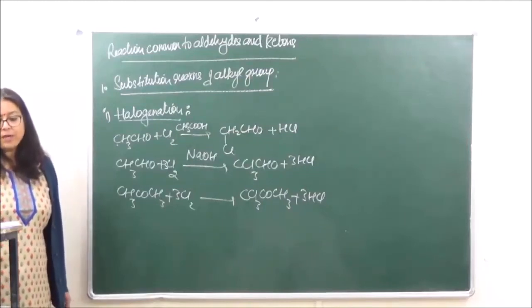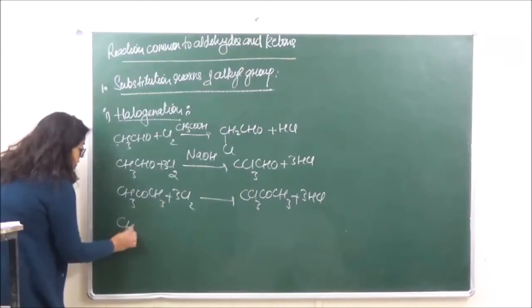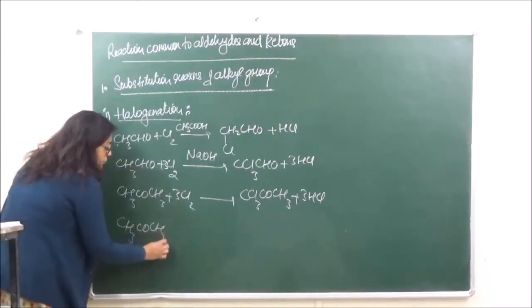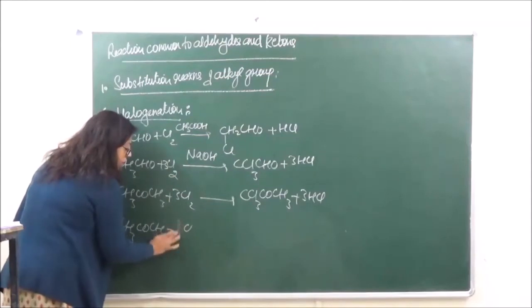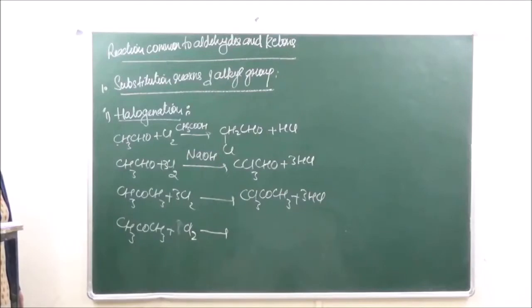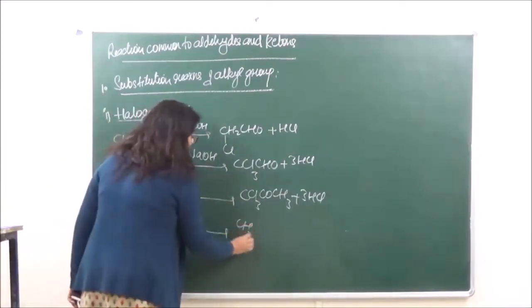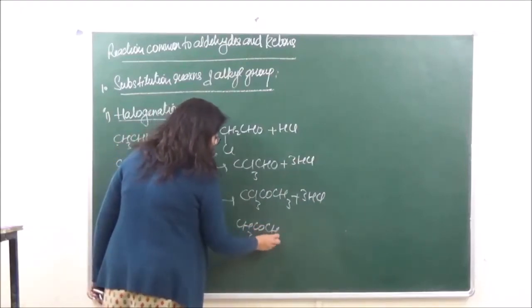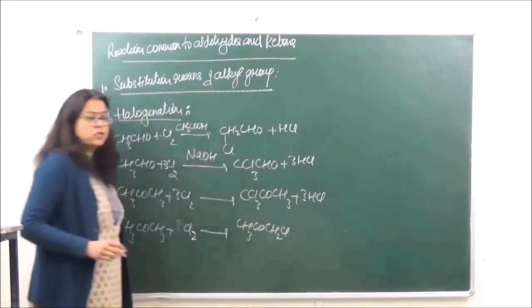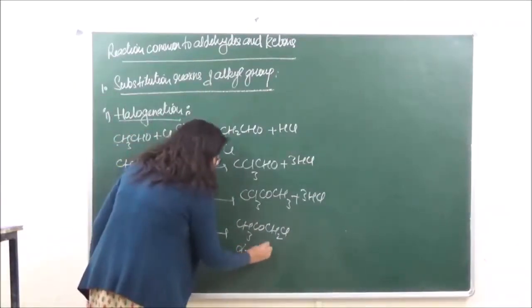Okay? Now if over here we are taking acetone and we are taking not excess of chlorine, only chlorine, in this case it will be seen that we are going to get two types of products. We are going to get a mixture of two products over here. One in which one of the hydrogens gets substituted. This is alpha chloroacetone.